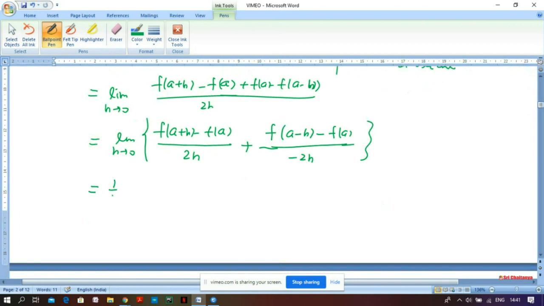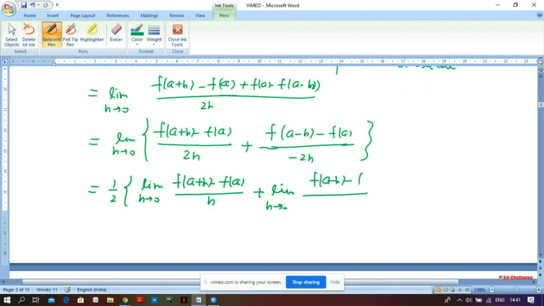So I'll write half outside. Limit h tends to 0 of f of a plus h minus f of a over h, and plus limit of h tends to 0 of f of a minus h minus f of a over negative h. So now the careful reader might have noticed the introduction of negative h, and you will not wonder.